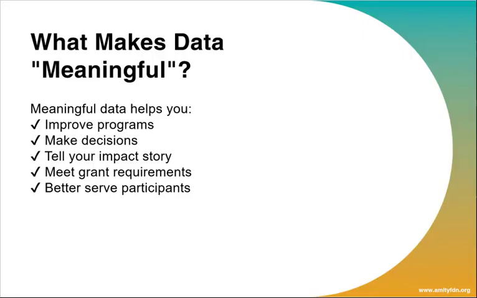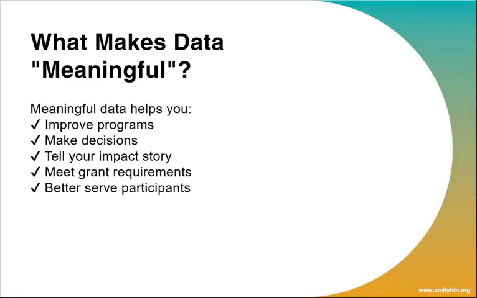It can help you tell your impact story, not just what you did, but the difference your work made. It also can help you meet grant requirements and demonstrate that you're achieving the outcomes you promised. And ultimately, all of this leads back to the most important reason, better serving participants.